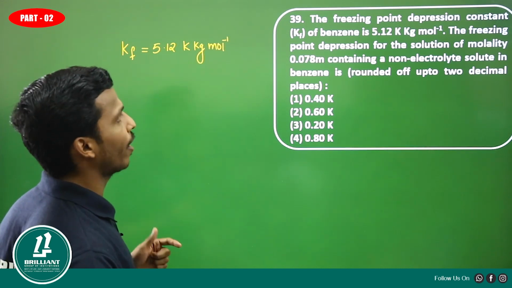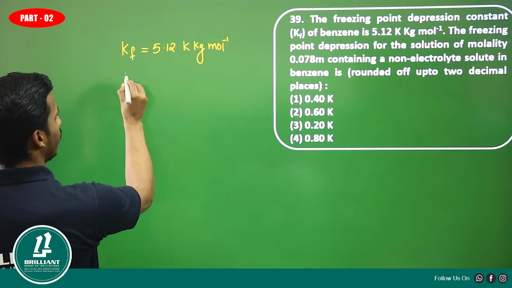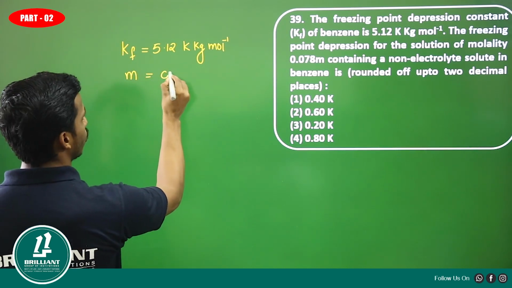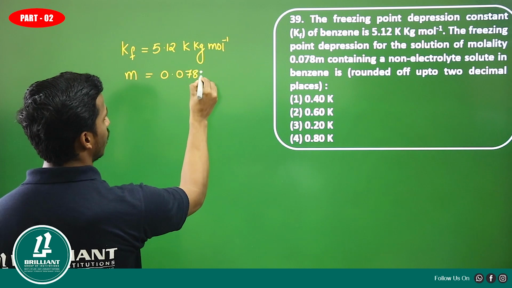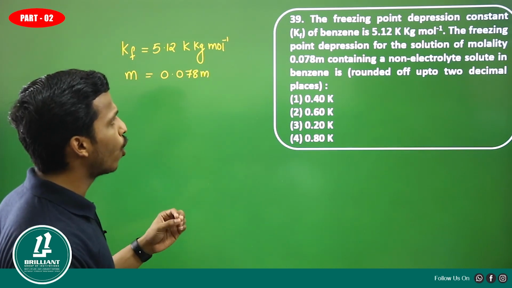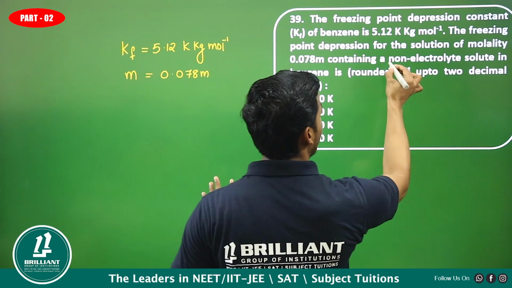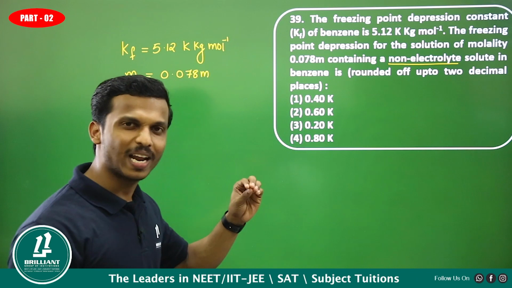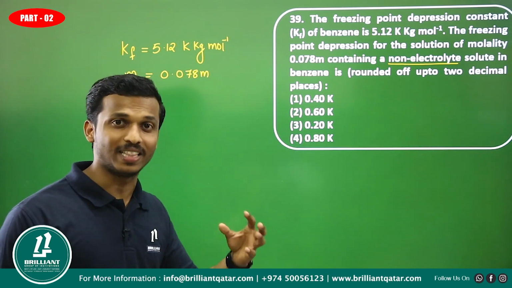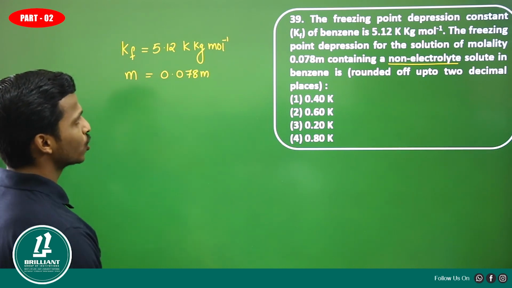The freezing point depression for the solution of molality. Molality is also given. How much? 0.078 molar. Almost you can take 0.08. Containing a non-electrolyte solute. They already specified non-electrolyte. Non-electrolyte means what, student? Like benzene, they will not undergo dissociation, right? Non-electrolyte solute in benzene.